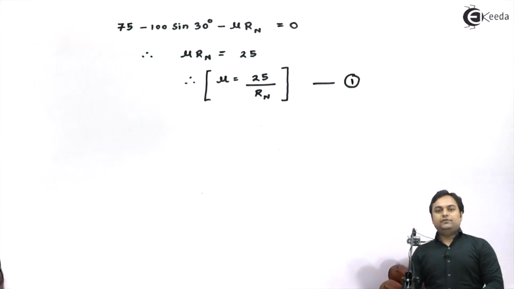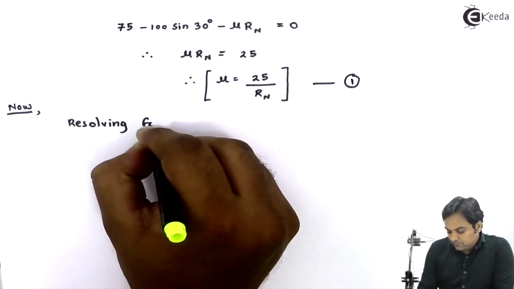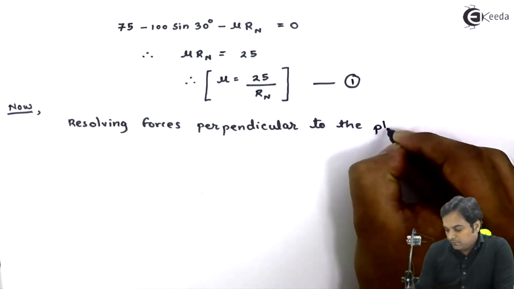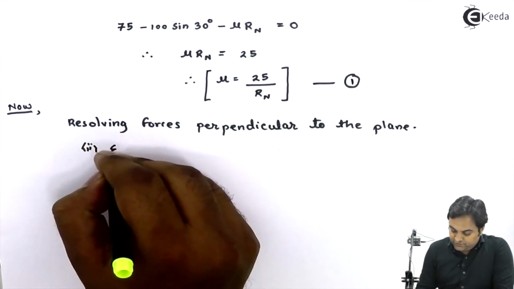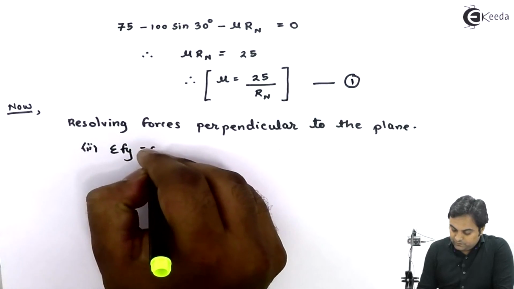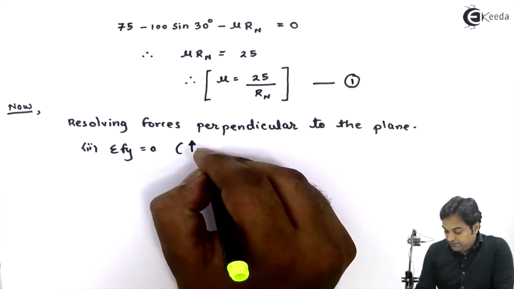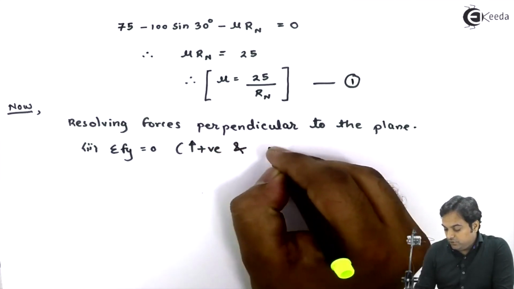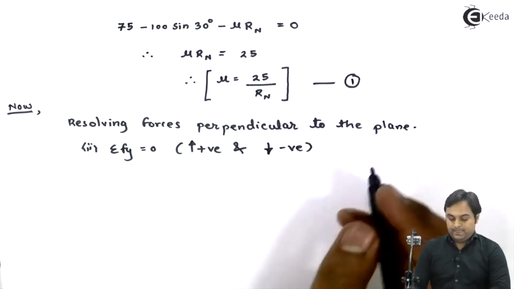Now I would be resolving the forces perpendicular to the plane. That is, summation of Fy is equal to 0. All upward forces perpendicular to the plane are positive and all downward forces perpendicular to the plane are negative.